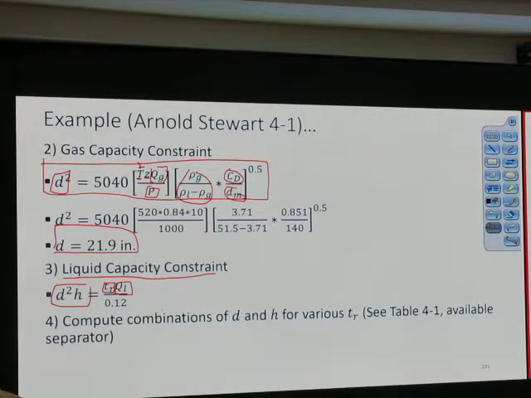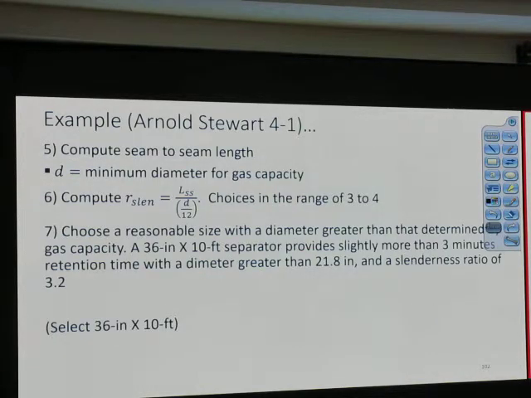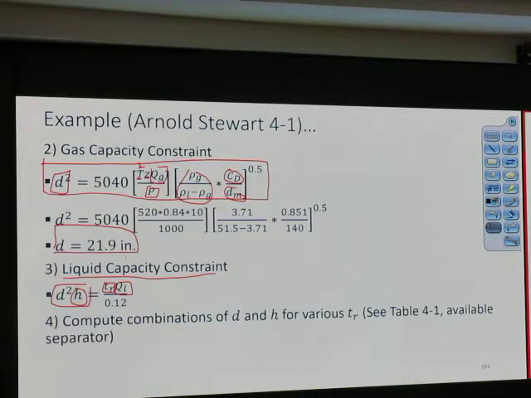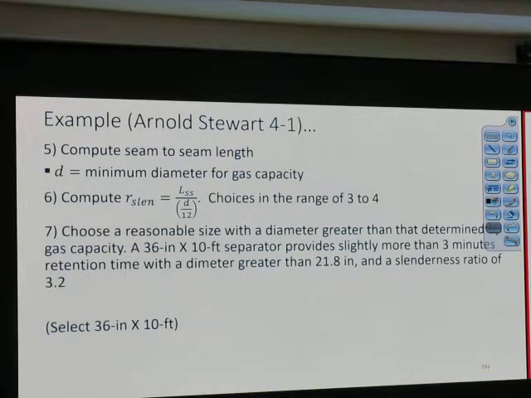Now let's take a look. That height will be the liquid height in the separator. Seam to seam length, okay? Once we do this, you will get some number, maybe not 21.9, but let's assume that you get maybe 22. So when we calculate gas capacity, we get D of 22. We put it back, so 22 will be the minimum size of the vertical separator.